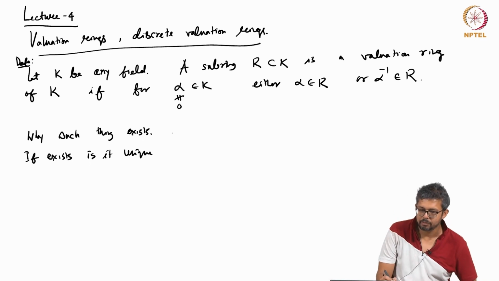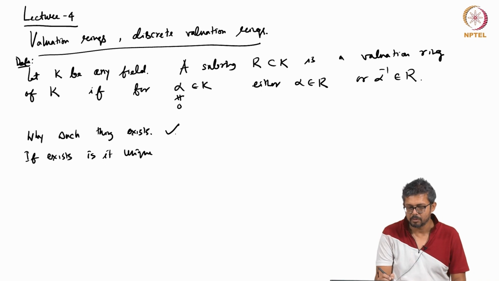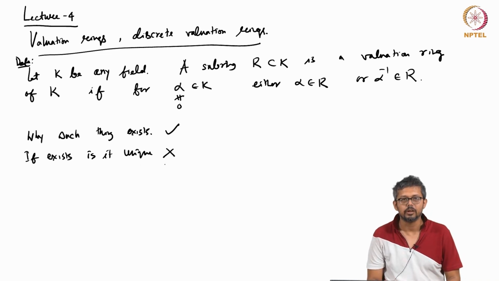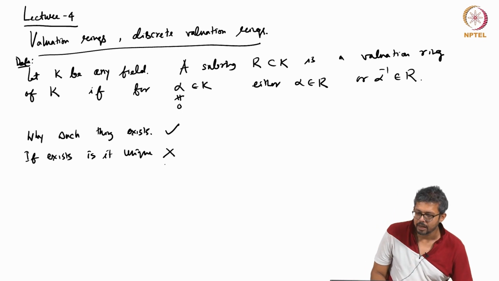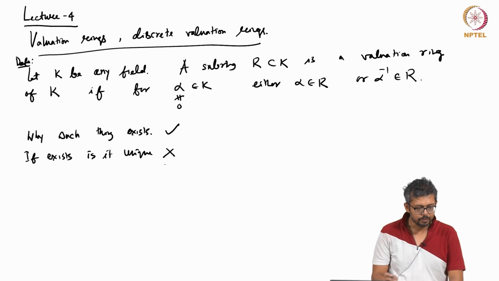Of course, when you define something, it exists, but you can prove this. I will show it; we'll see that using Zorn's lemma, one can prove that such a thing exists. And if it exists, of course, it is not unique. So a field can have many valuation rings.